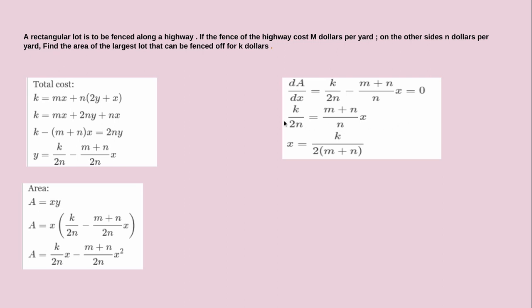Then k all over 2n is equal to m plus n all over n x. Then the value of our x will be x is equal to k all over 2 quantity of m plus n.